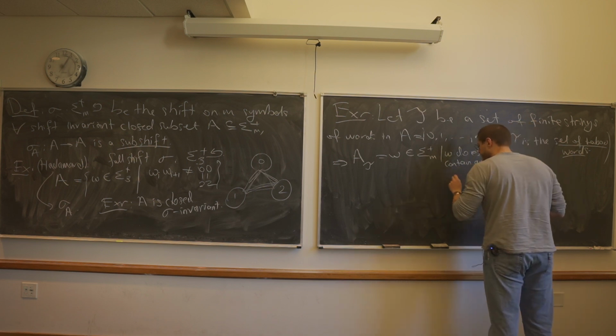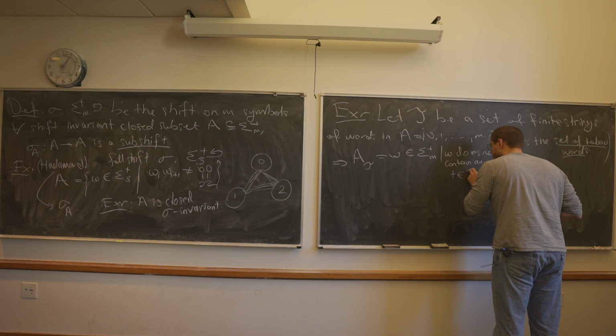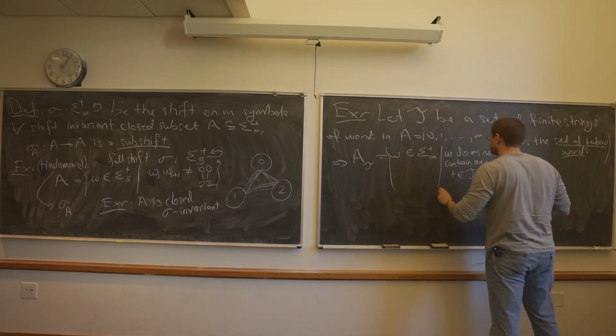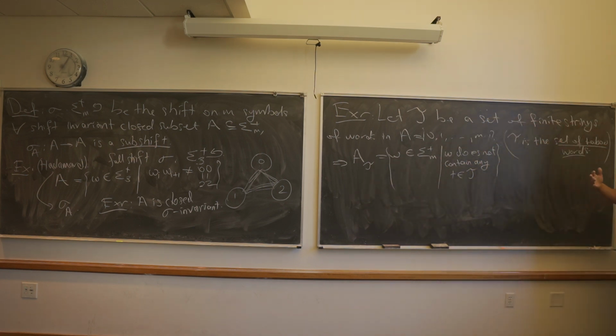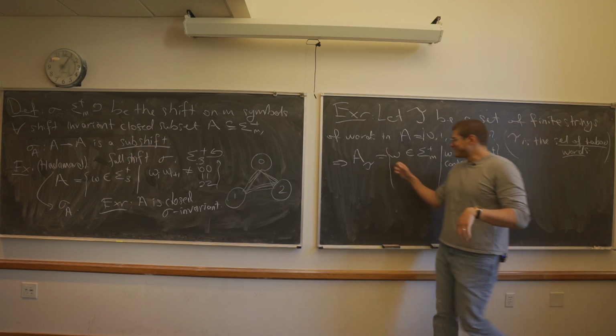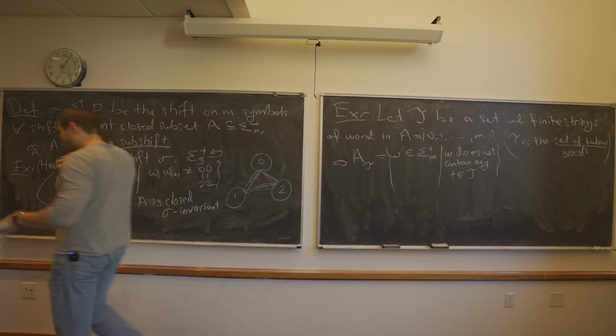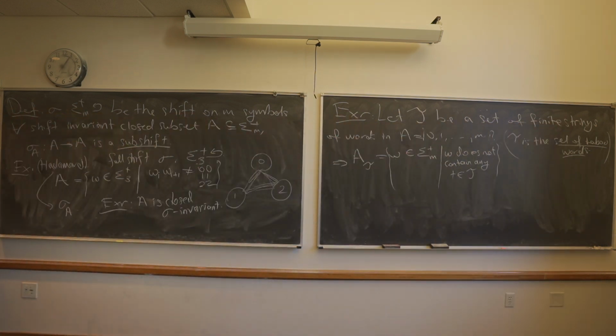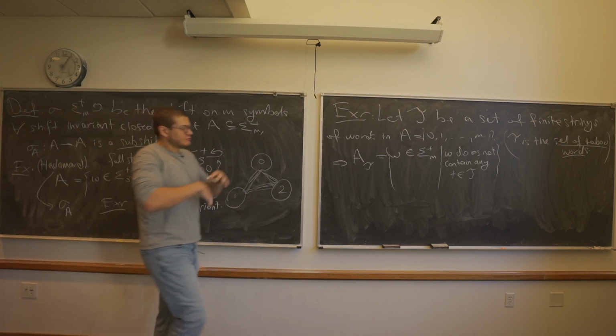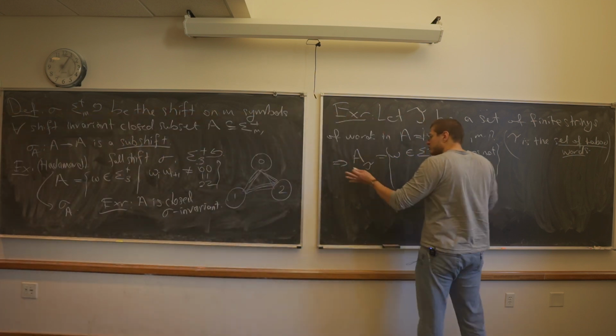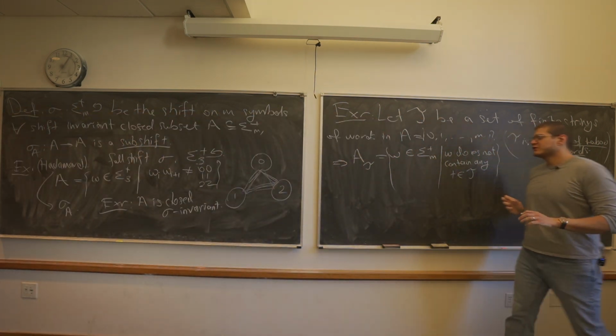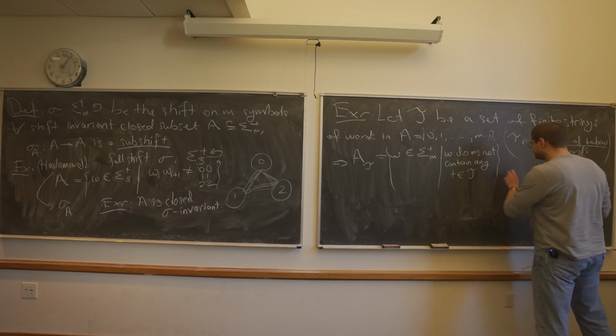Any, let's say, T in curly T. So you take a bunch of words, you call them verboten, and you look at those sequences that don't contain them. So they're valid sequences. Put them into a set, and that gives a closed shift invariant subset.